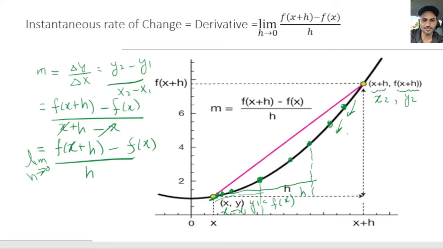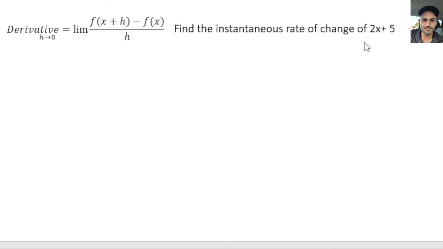Let's work out an example. We have this function right here. We want to find the derivative, or the instantaneous rate of change, of this function using the definition of the derivative. I'm going to plug values into this ratio. Wherever we have x, we plug in x plus h, so we get f of x plus h, which is 2 times x plus h, plus 5.